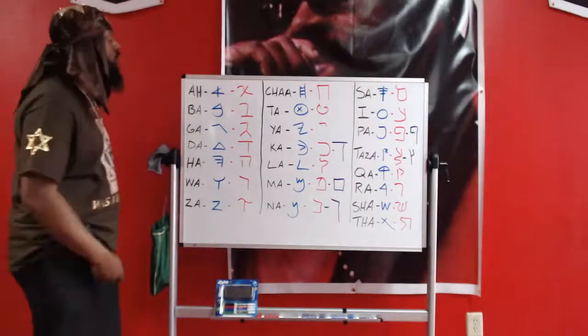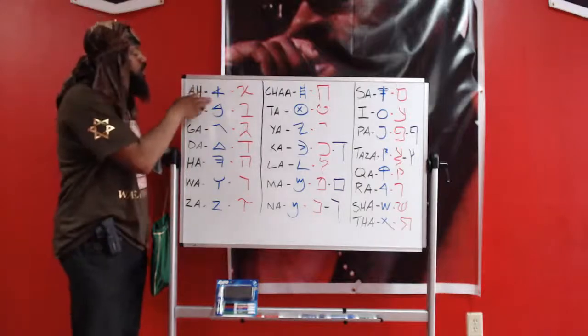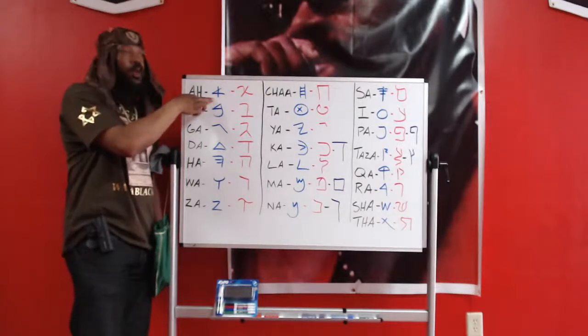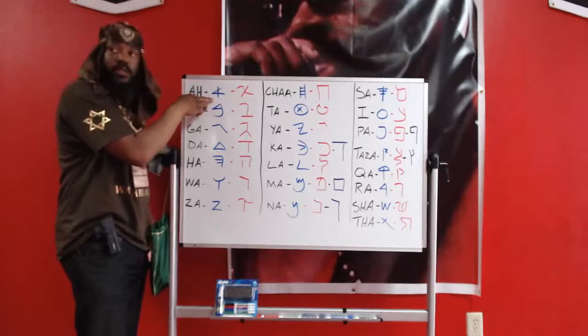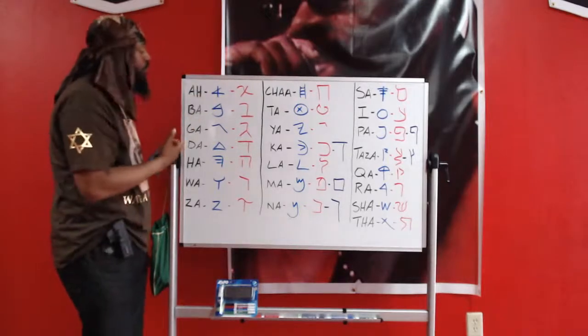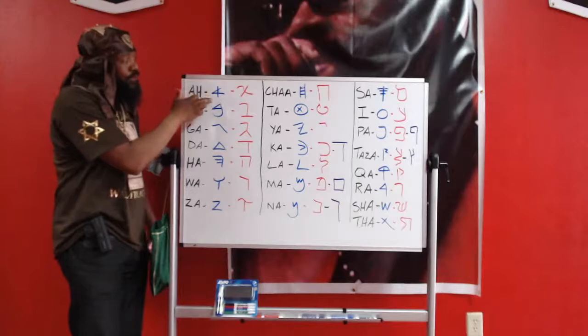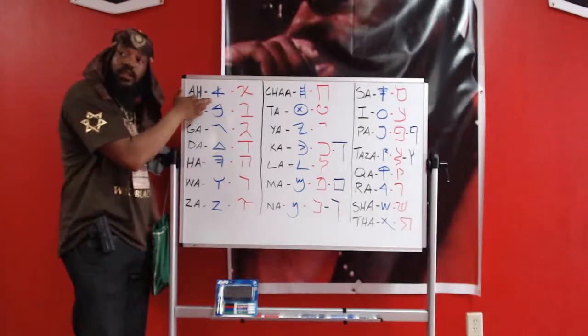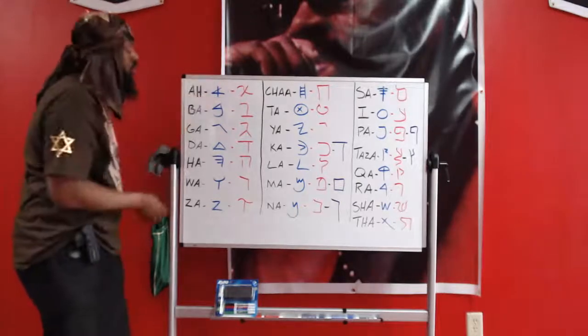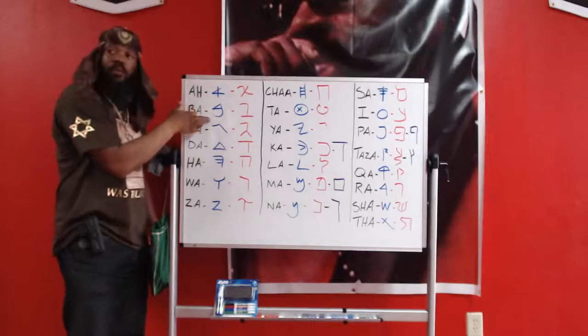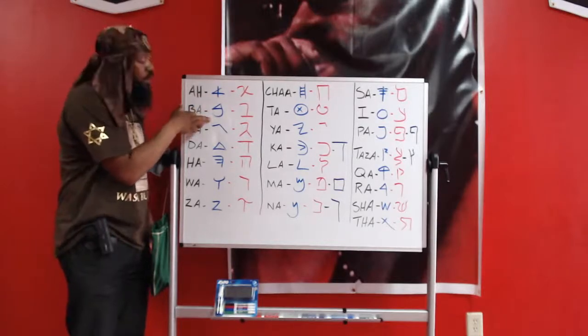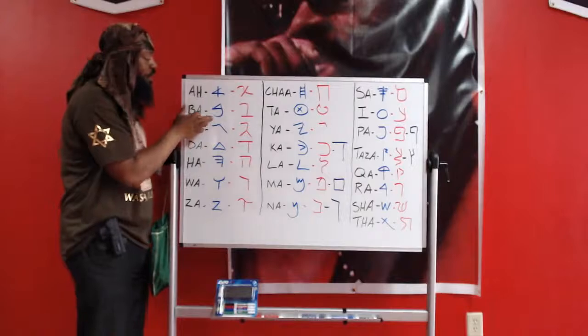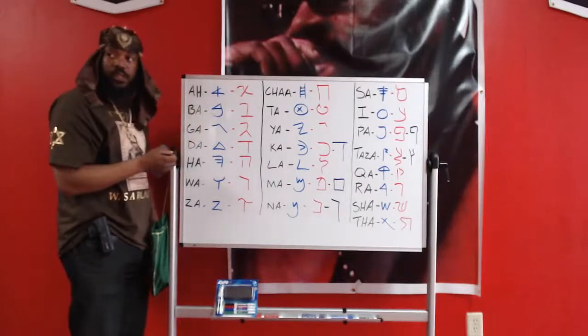So again, our first letter, A. When we see this one, notice that it's going to look like an English A just laying on its side. We have Ba, which kind of looks like almost a fish hook.